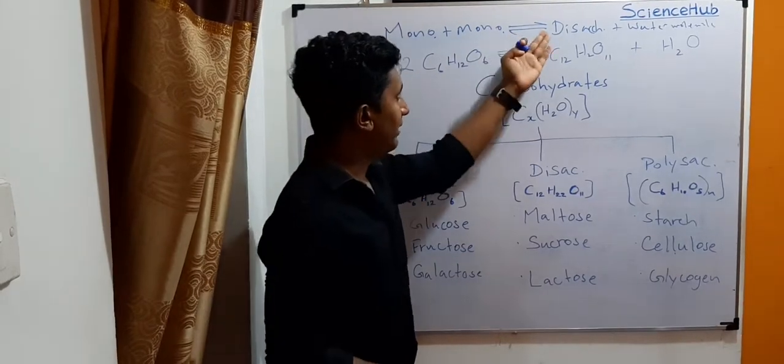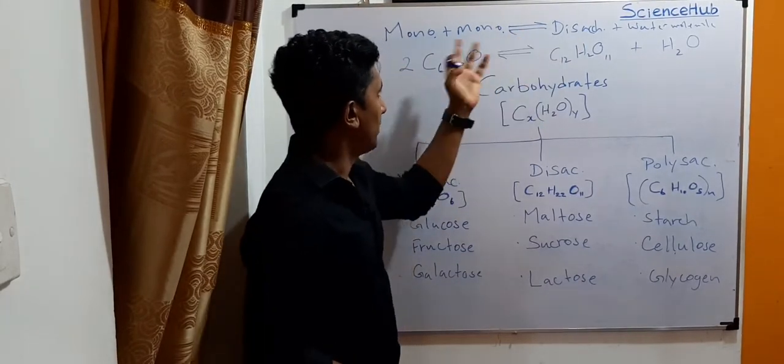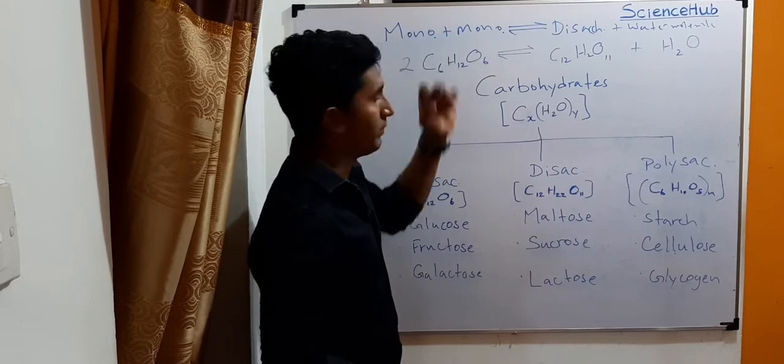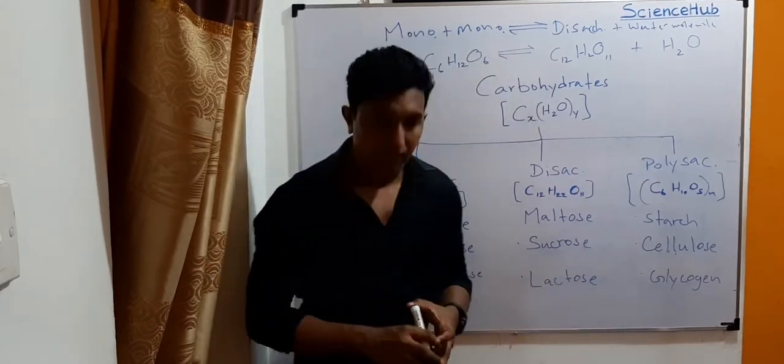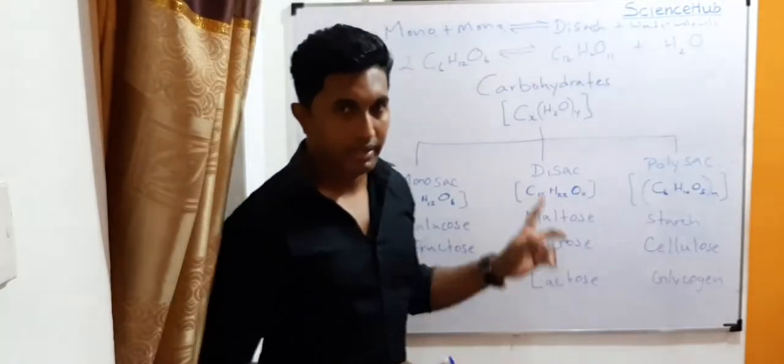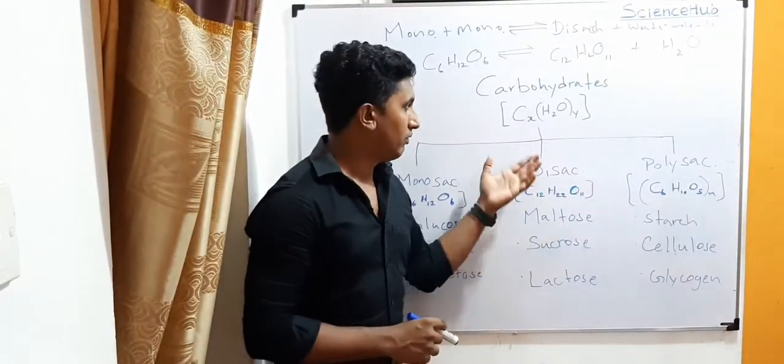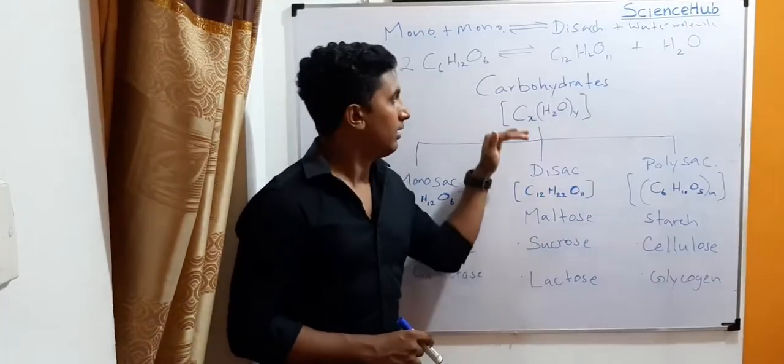This is a two-way reaction, and we can reverse it to get two monosaccharide units.